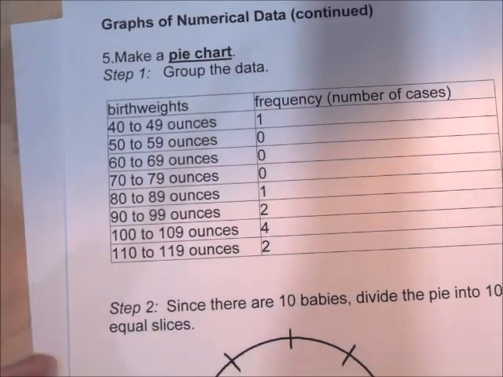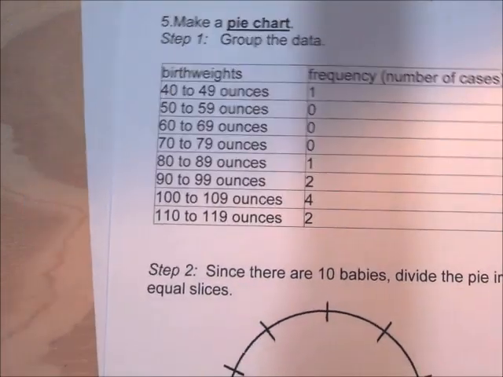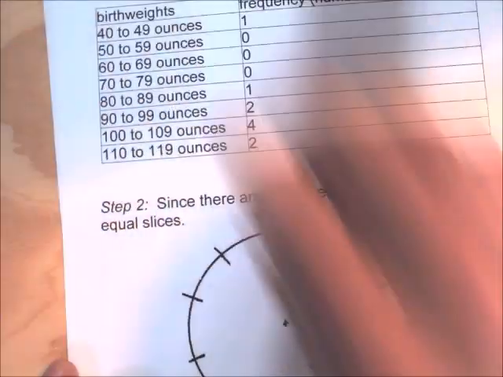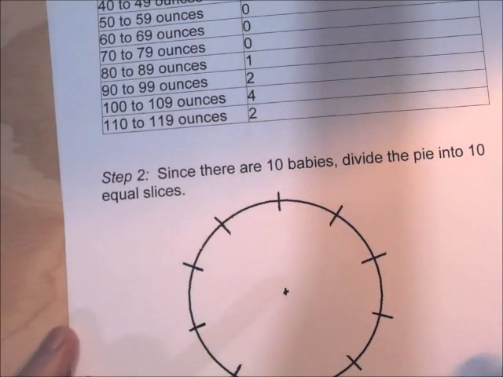Another type of graph is a pie chart or a circle graph, and because there's 10 babies, I kind of divide the pie into 10 pieces. If I had 8 babies, I probably would have divided it into 8 pieces, but here I have 10 babies.